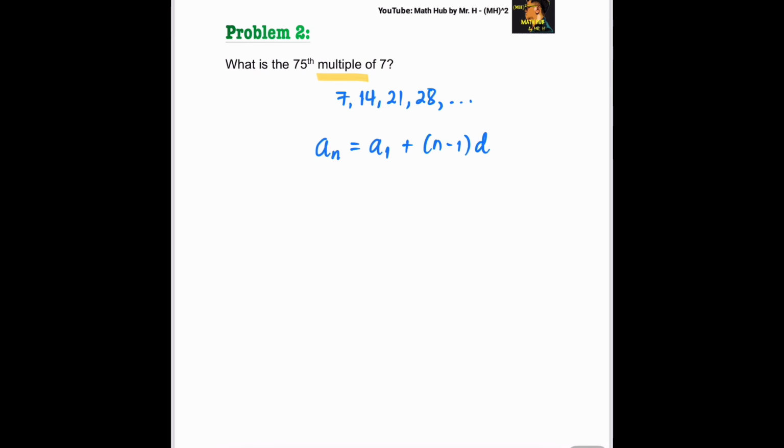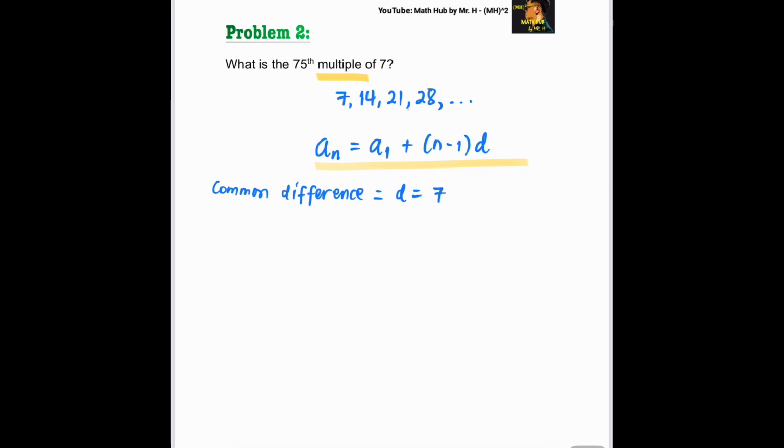We can apply the formula, but first we need to identify the common difference. For this problem, it's very easy to identify. 14 minus 7 is 7. 21 minus 14 is 7. 28 minus 21 is 7. So definitely the common difference is 7.